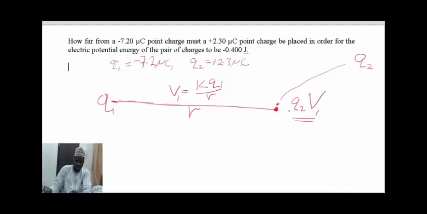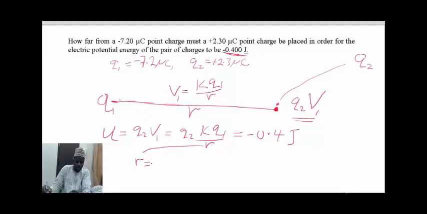Putting this expression together, the potential energy U of the two charges is going to be Q2 times V1, which is Q2 times K times Q1 over R. This is given to be minus 0.4 joules in the question. In this expression we have R as the unknown, so we can easily solve for R.